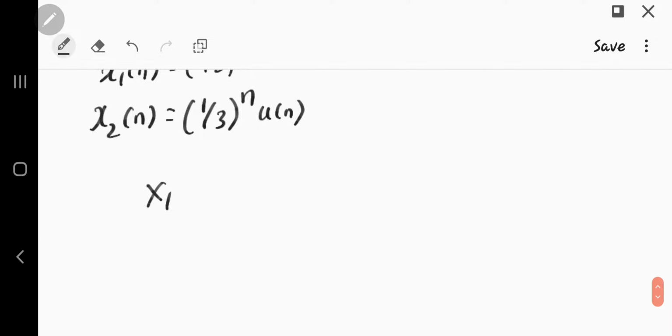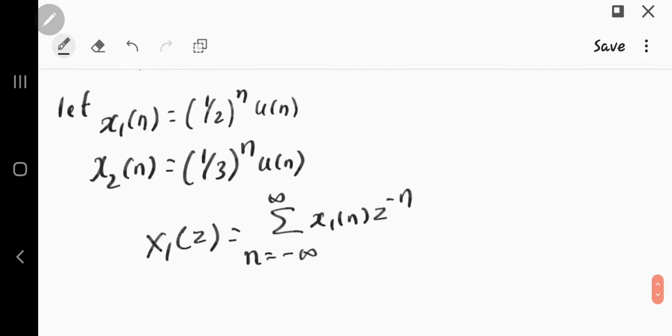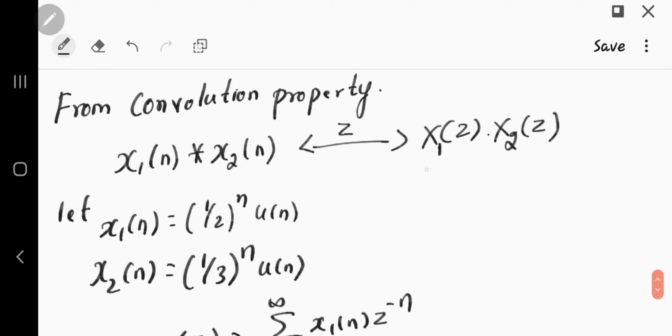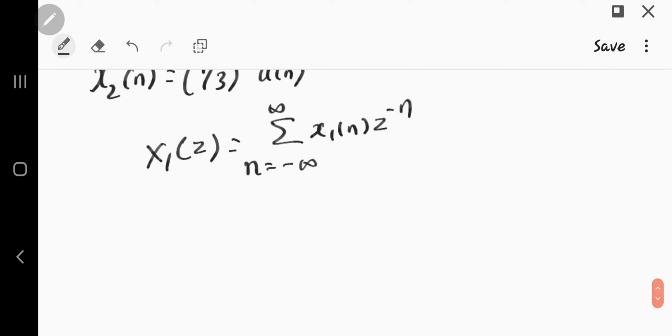So X1(z) is equal to summation n equals minus infinity to plus infinity x1[n] z to the power of minus n. What we are trying to do is find X1(z) and X2(z), and we are just multiplying those two. So that will give you the z transform of x of n in the frequency domain.